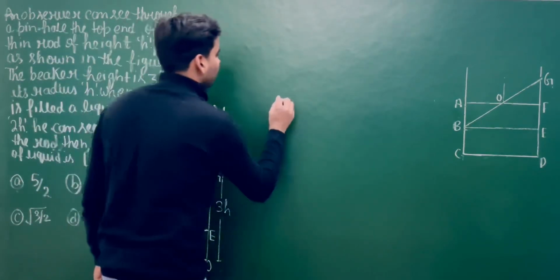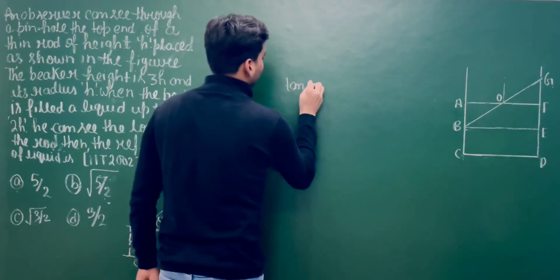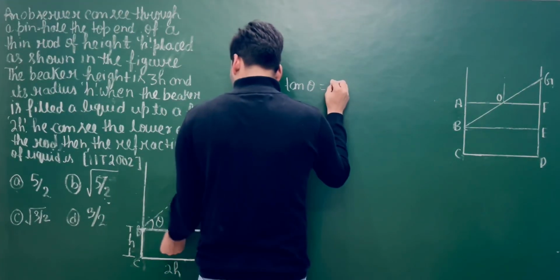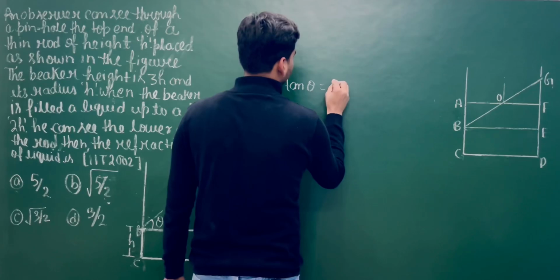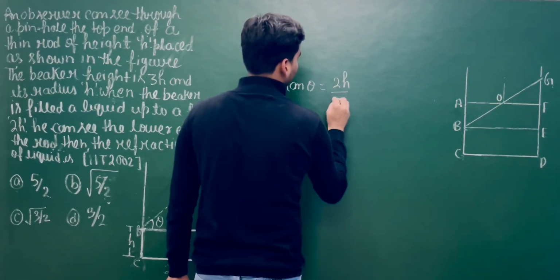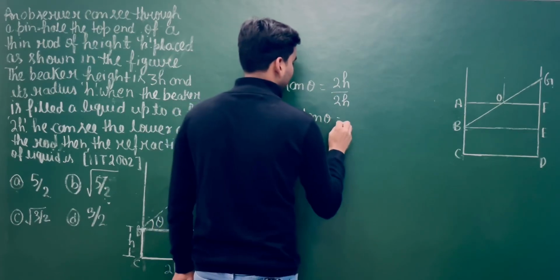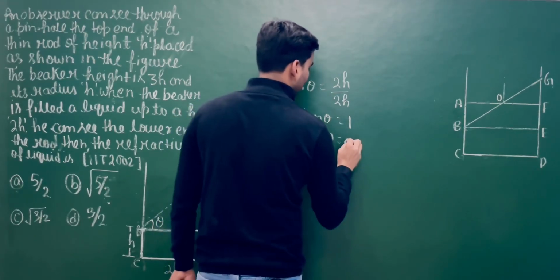In this triangle, tan theta equals perpendicular EG upon base EB, that is 2h upon 2h. It gives tan theta equals 1, then theta equals 45.